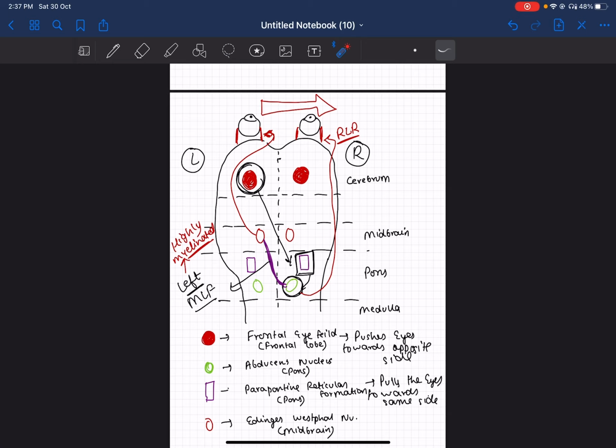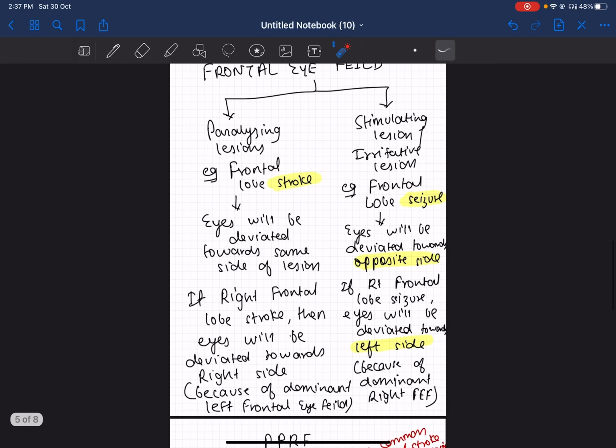For the speed of conduction, it is highly myelinated. So in disorders like multiple sclerosis, which affects the myelin, the autoantibody response is directed towards the myelin basic proteins. So in that case, the MLF on both sides will be affected and the patient will have internuclear ophthalmoplegia.